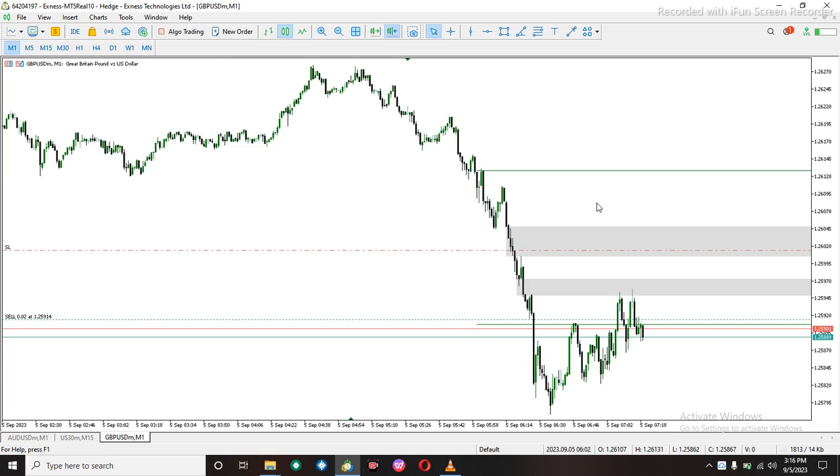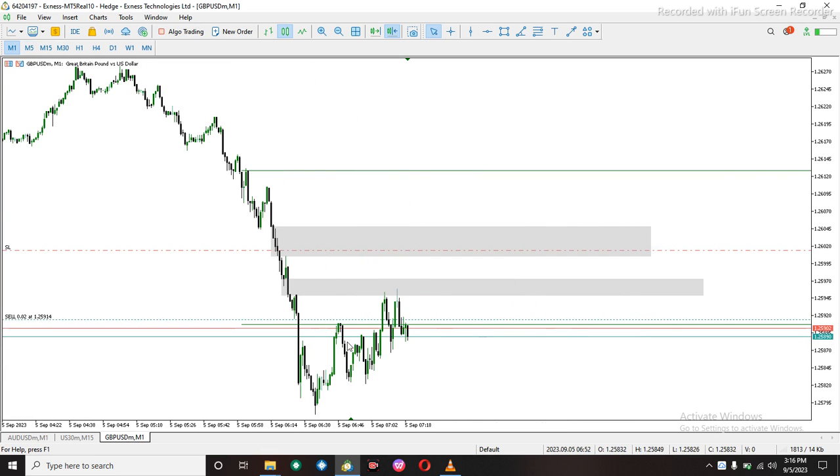So as you can see, it's just a simple process of breakout, break of structure, and then price coming back to retest.